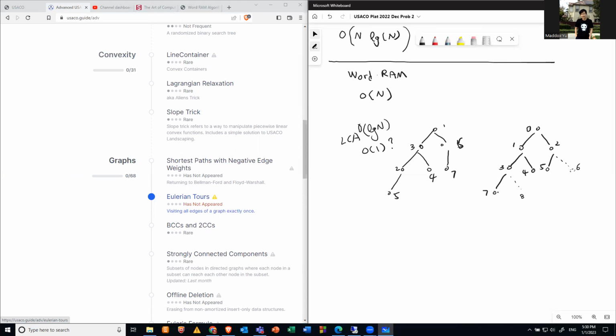Then if you want to calculate the LCA between 4 and 7, there is a mathematical formula to calculate that instead of doing the binary jump. For example, 7 and 5, there is an algorithm, like binary code, to calculate that. So it's much easier simply because we named it this way, right?